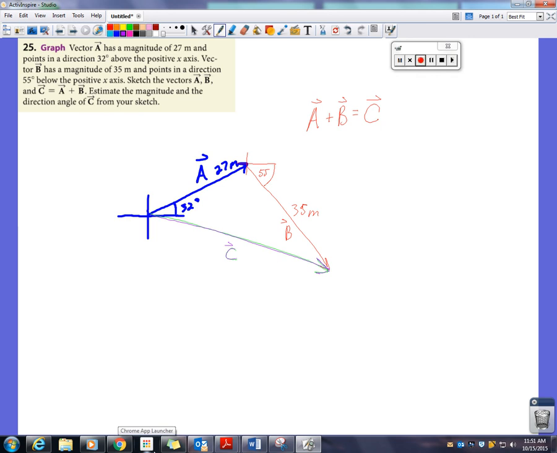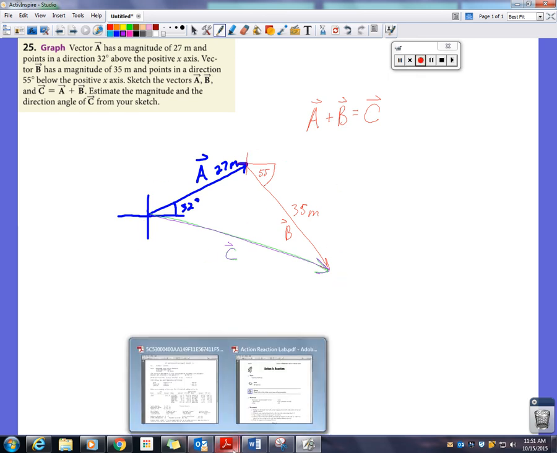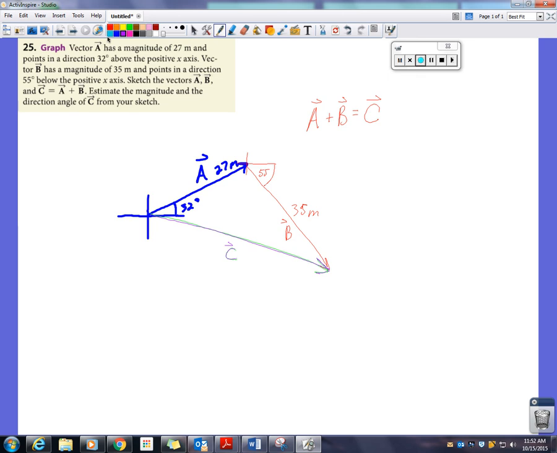So what we first need to do is find the components of A and B. Add the x's to the x's, the y's to the y's. And when we do that, we'll have the two components of our resultant. So just for fun, let's go ahead and draw these components in. The two components of A: this would be AY, and AX.